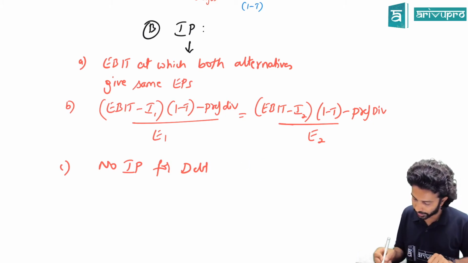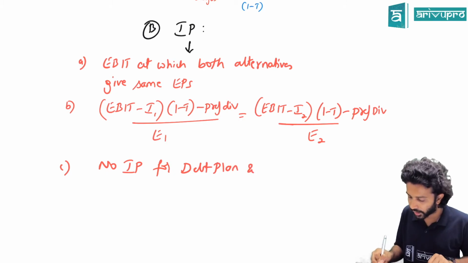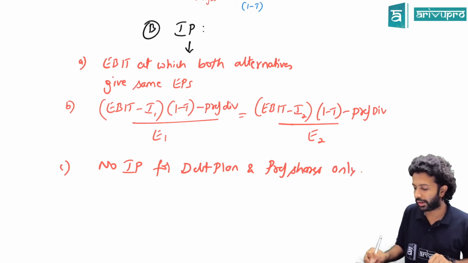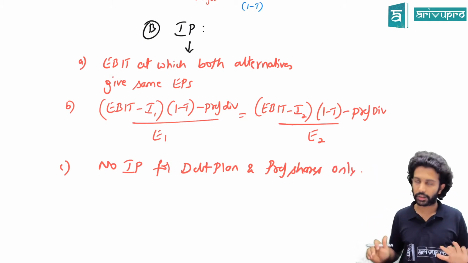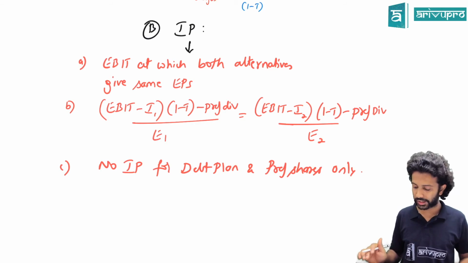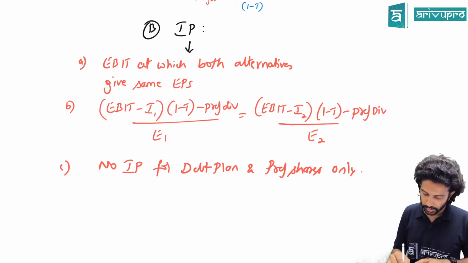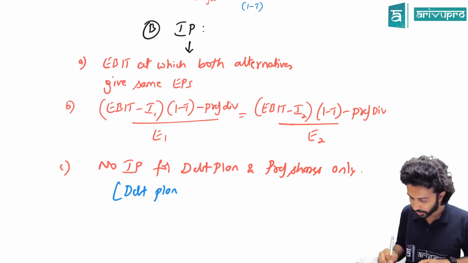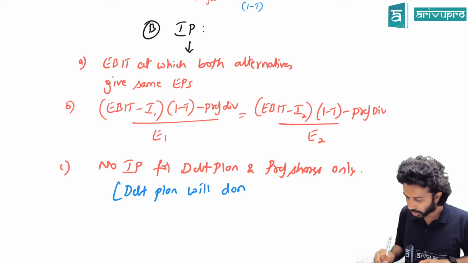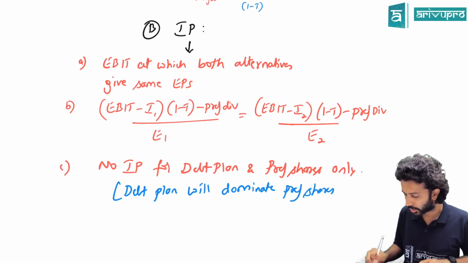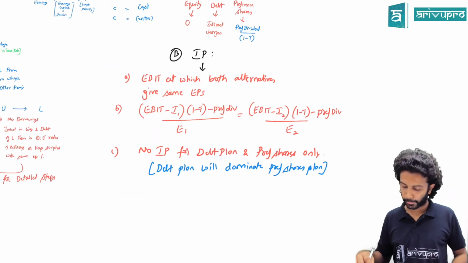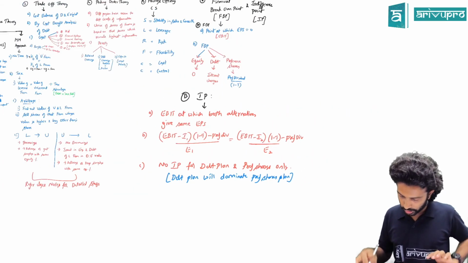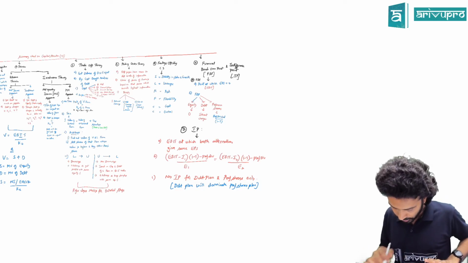No IP for debt plan and preference shares plan. If you have only debt or only preference shares, then you can't find any indifference point, because debt will always dominate. That also, if you want, you can write. Debt plan will dominate preference shares plan. Okay, so this is on the IP.